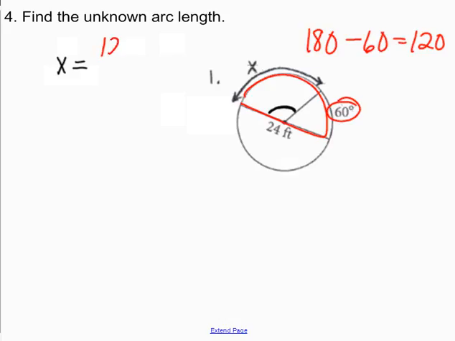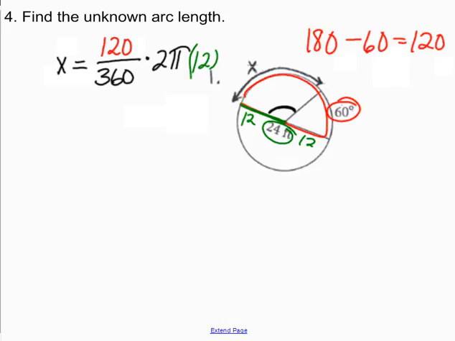So we're going to put that on the top over 360, because that's part of the formula, times 2 times pi times radius. Well, radius would be only to the center. This whole thing is 24. So we know this is 12, and this is 12. So we're going to say it's times 12. All right, so you type that into your calculator, and you end up with 21.1 feet.